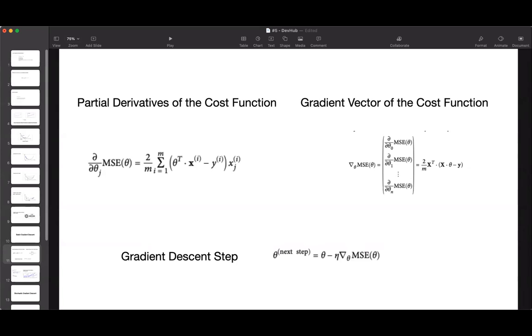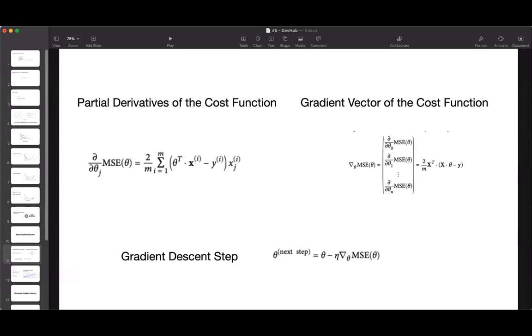So when we are learning about batch gradient descent, the formula involves this gradient vector on the right side. This formula involves every individual instance in the training set. Or in other words, this formula involves calculations over the full training set at each gradient descent step.